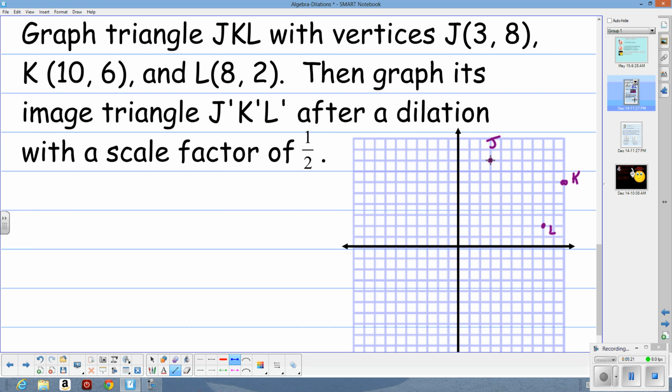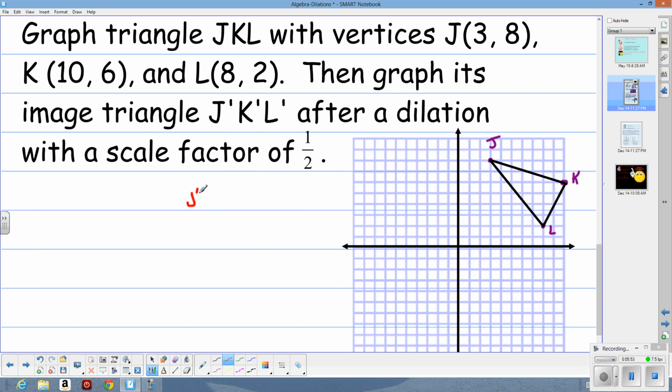Let's go ahead and connect those. All right, then we are going to go ahead and write down the coordinates for the image triangle.